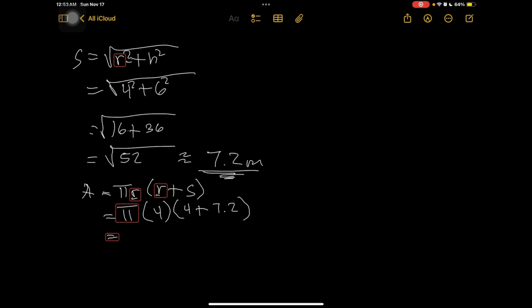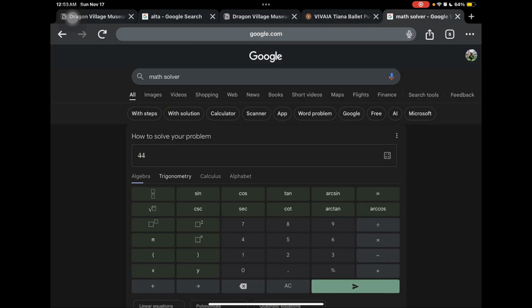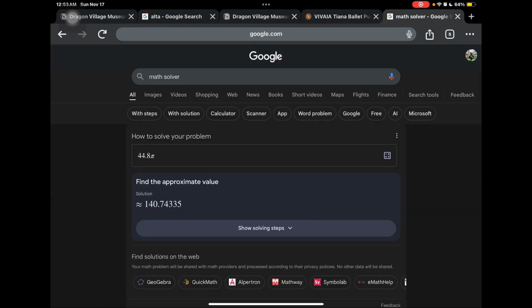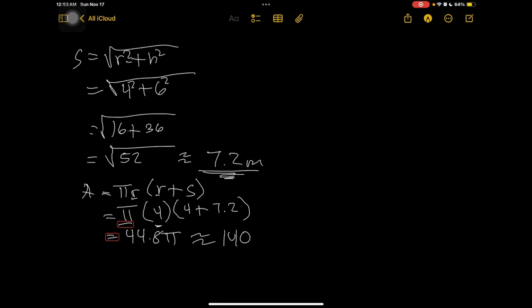So 4 plus 7.2 is equal to 11.2 multiplied by 4 is equal to 44.8 pi. 44.8 pi is equal to 140.7 meter squared.